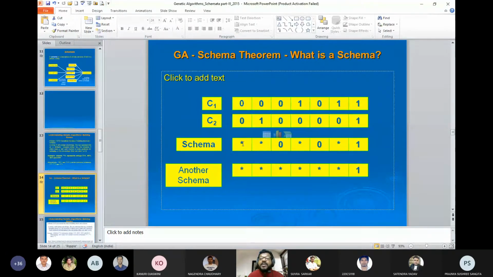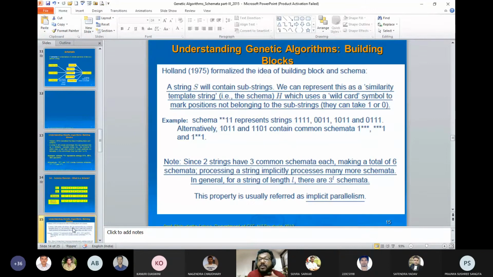So when multiple schemata are there, we evaluate how many such schemata there are. Okay. So a string S contains a substring, where S is the solution space. Then we can define multiple schemata. Note that since two strings have three common schemata each, the total is 6 schemata.